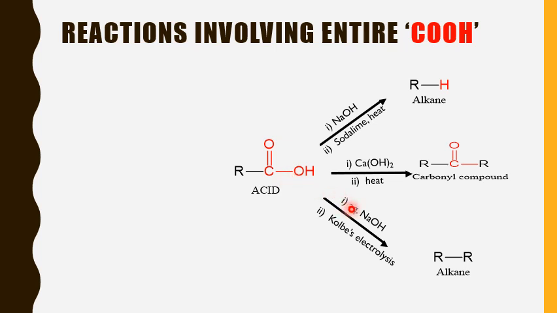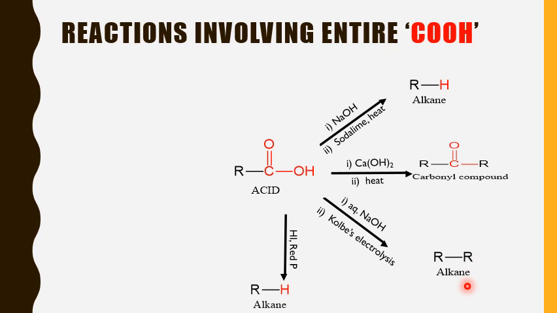This salt of carboxylic acid upon electrolysis, since I am saying salt of carboxylic acid, it will contain RCOO minus carboxylate ions, and in the presence of water, aqueous, they will undergo Kolbe electrolysis. Hence, you will get an alkane at the anode.